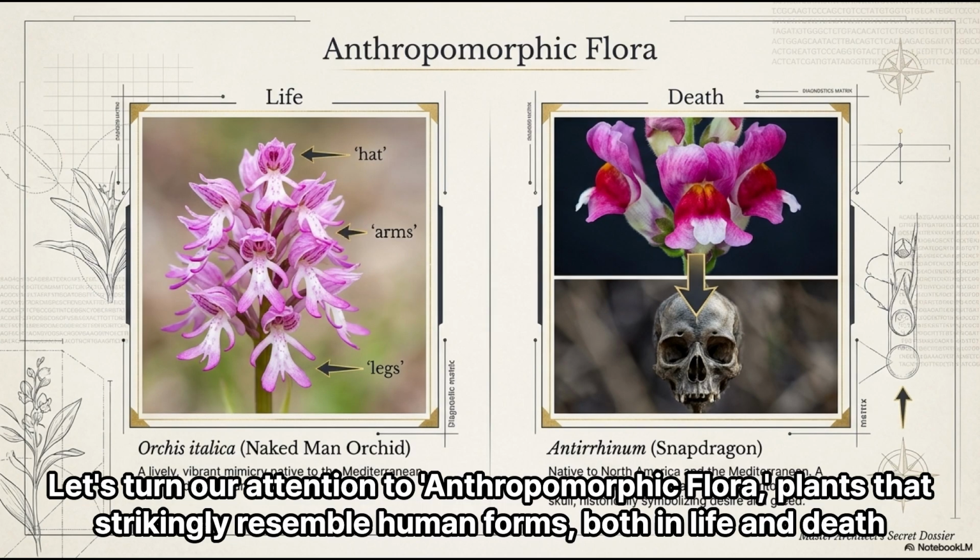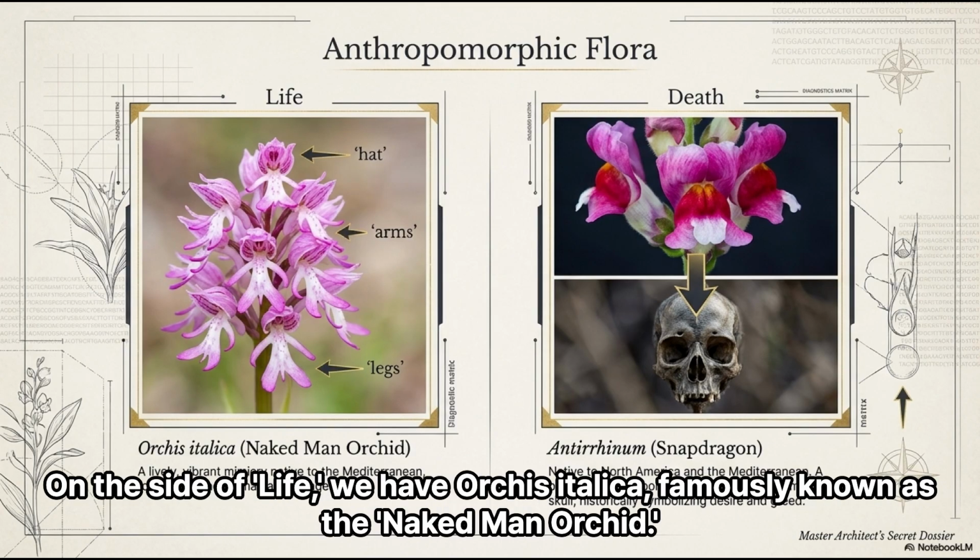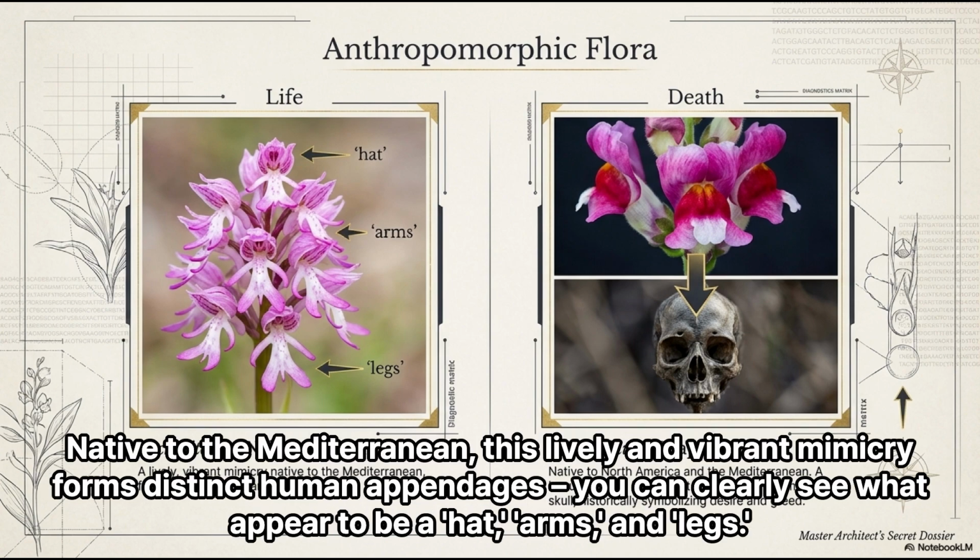Let's turn our attention to anthropomorphic flora, plants that strikingly resemble human forms, both in life and death. On the side of life, we have Orchis italica, famously known as the naked man orchid. Native to the Mediterranean, this lively and vibrant mimicry forms distinct human appendages. You can clearly see what appear to be a hat, arms, and legs.